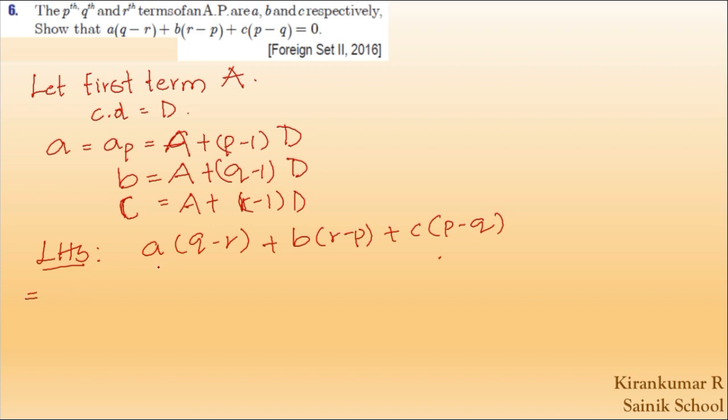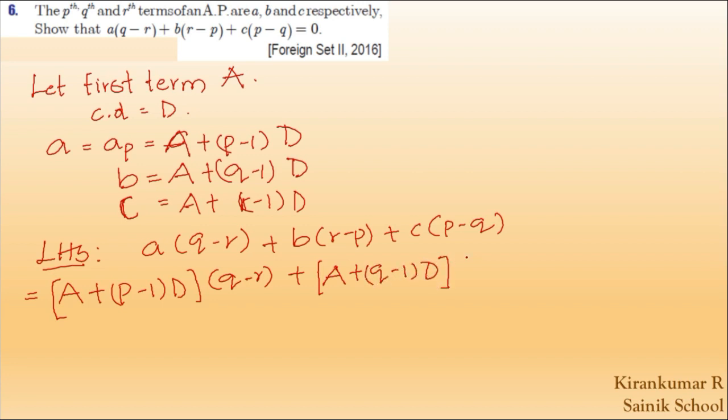So let me substitute instead of a, A plus (p minus 1) multiplied by D, multiplied by (q minus r), plus instead of small b we have A plus (q minus 1) multiplied by D, multiplied by (r minus p), plus instead of c we have A plus (r minus 1) times D multiplied by (p minus q). We need to simplify this.